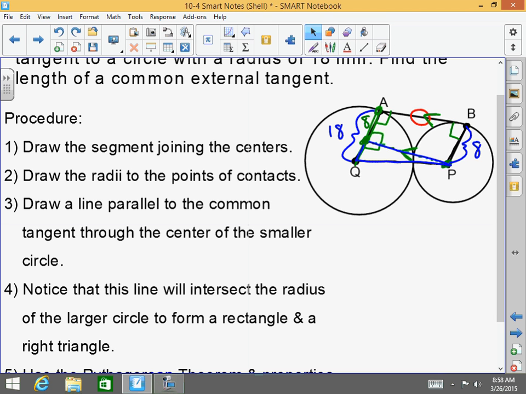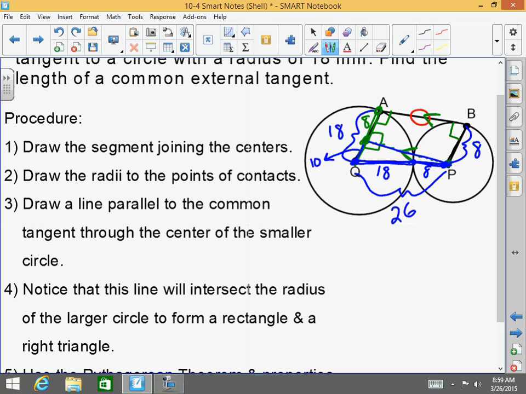So even though it doesn't look it, what is this little segment here? 10. But if the radius of the large circle here is 18, and the radius of the small circle here is 8, what is QP? 26, guys. Isn't that the hypotenuse of the blue right triangle that I created?